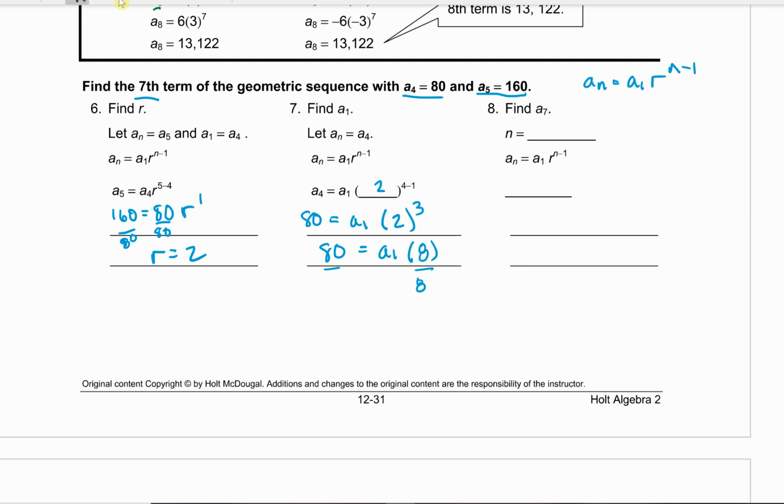Divide by 8, and A1 is 10. And then we want to find the 7th term, so A sub 7 is 10 times 2 to the 7 minus 1. So A sub 7 is equal to 10 times 2 to the 6th. 2 to the 6th power is 64, times 10 is 640.